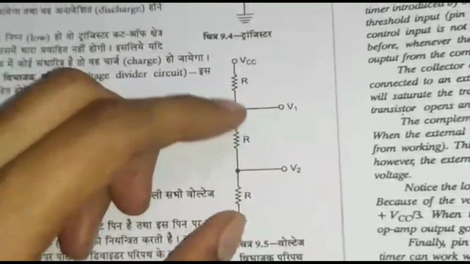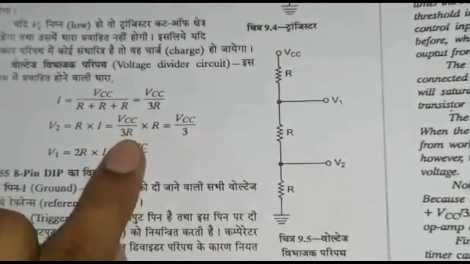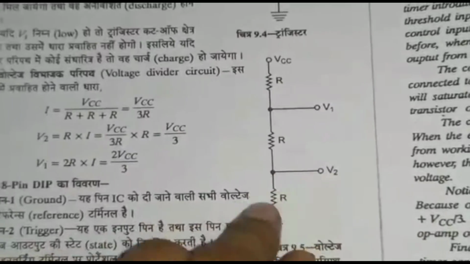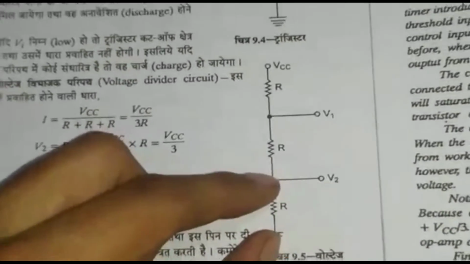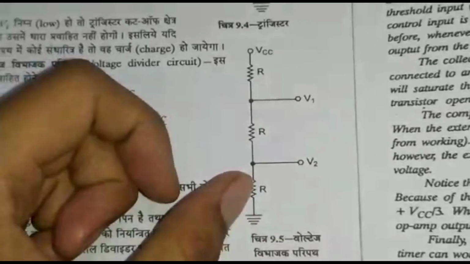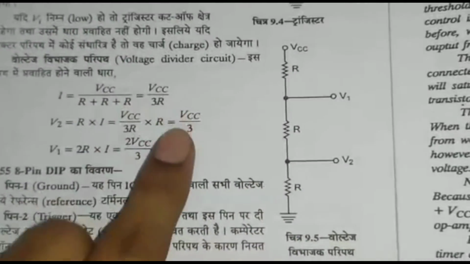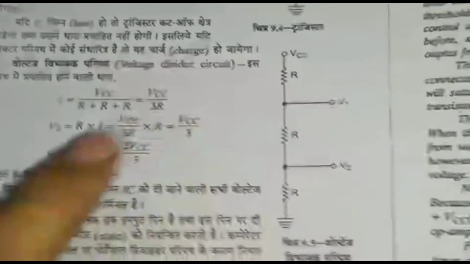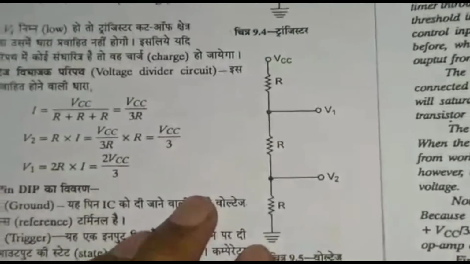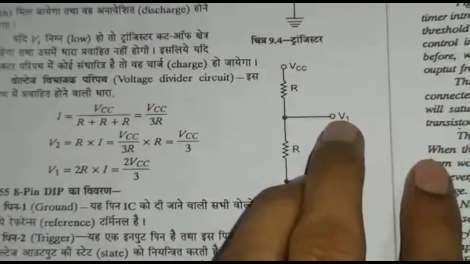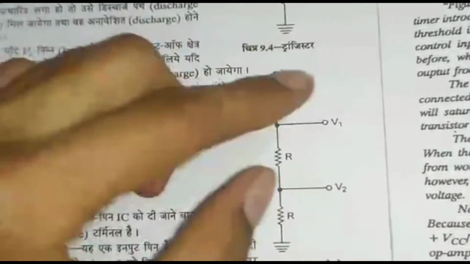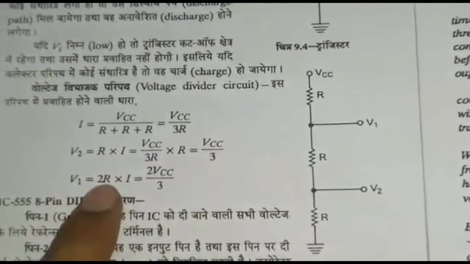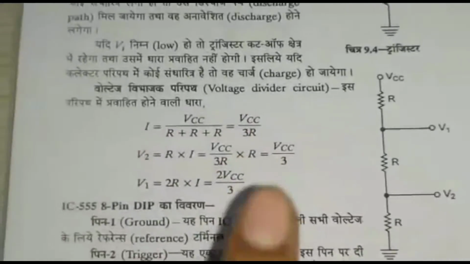So we will take VCC upon total resistance 3R, into the resistance across which we have to find the voltage, which is R. Then R will get cancelled, and we will get VCC upon 3. In the same way, we will get the value of V1: VCC upon 3R into R plus R, which is 2R. You will get 2 by 3 VCC.